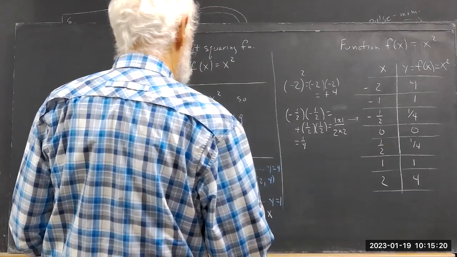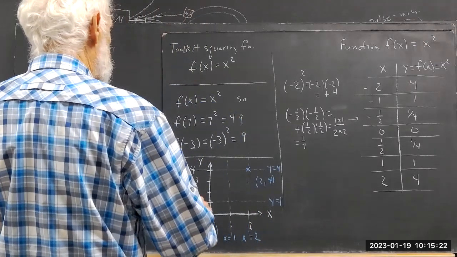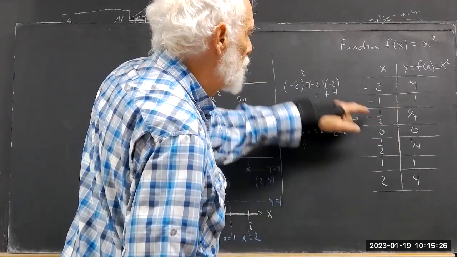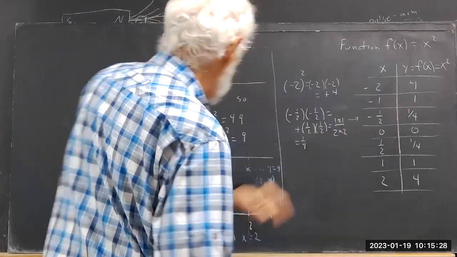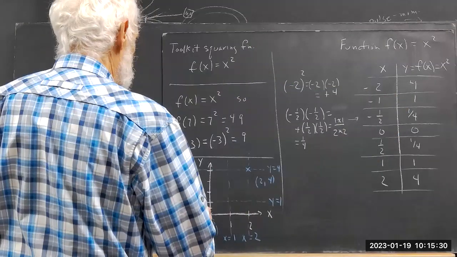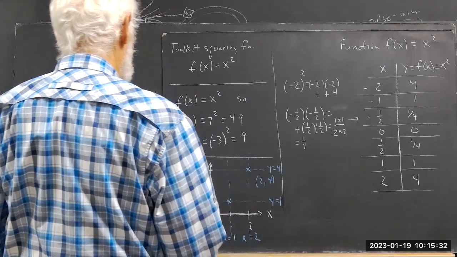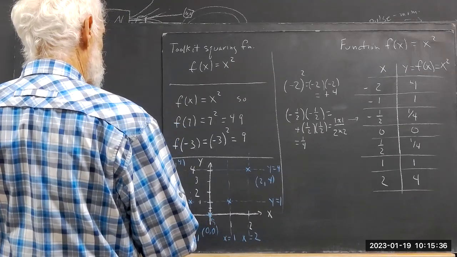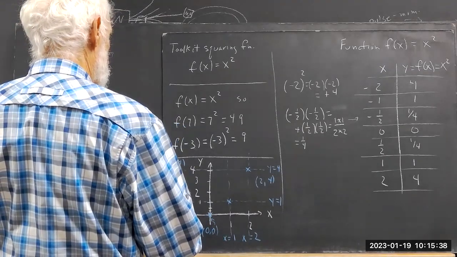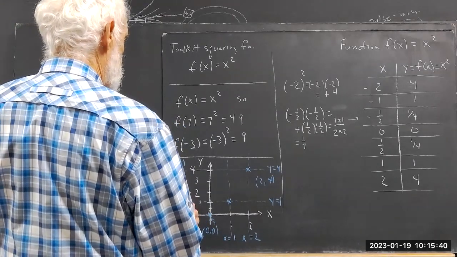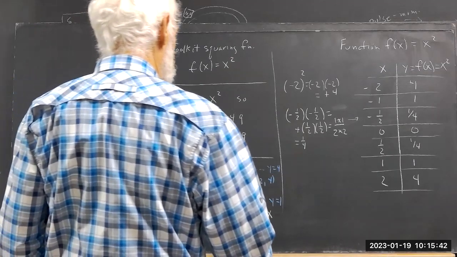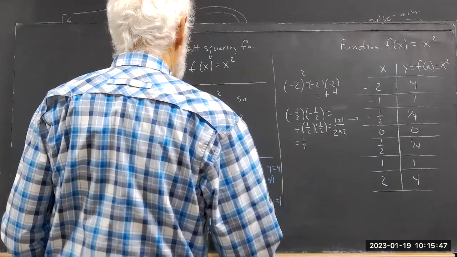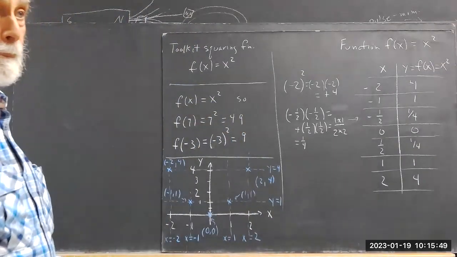And the line where x equals -1 and y equals 1 matches this point. X is -1, y is 1. And here, x is 1 and y is 1. So we have the points -1, 1 here and 1, 1 here.